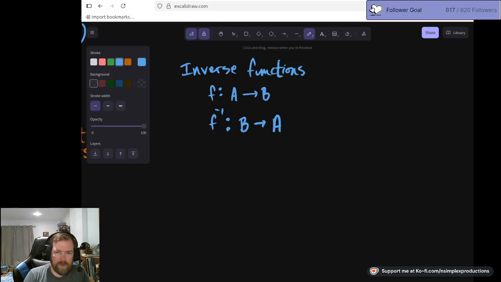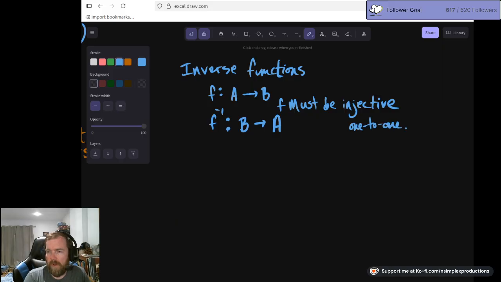The problem with doing this is that A must be injective. If we go back and look, it said it must be 1-to-1. Why does it need to be 1-to-1?